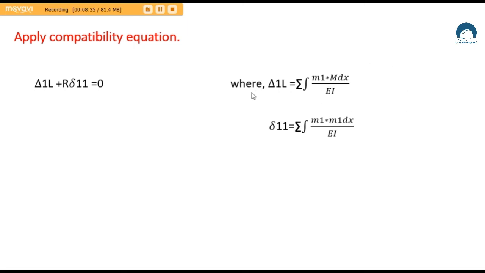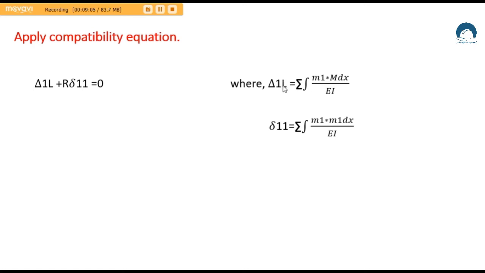I will tell you one small technique to memorize the relations for delta 1L and del 11. You need to remember that a letter means the real system, whereas a number means the dummy system. In delta 1L, there is a number, that is, a dummy system. Since the number is 1, the dummy system is M1.